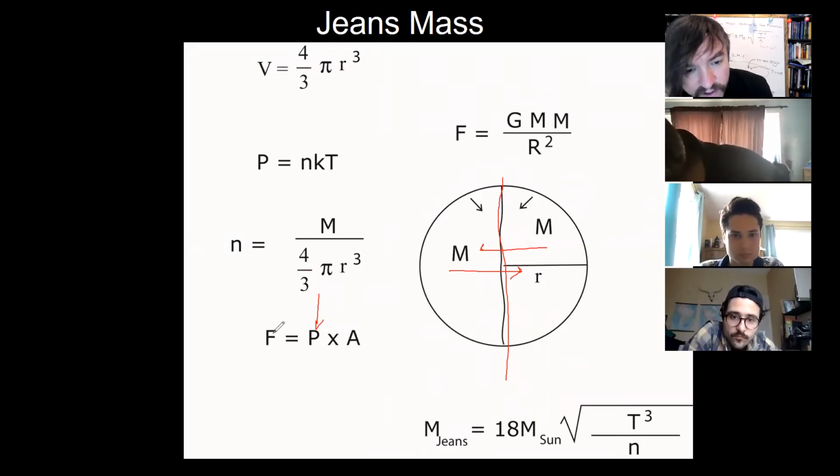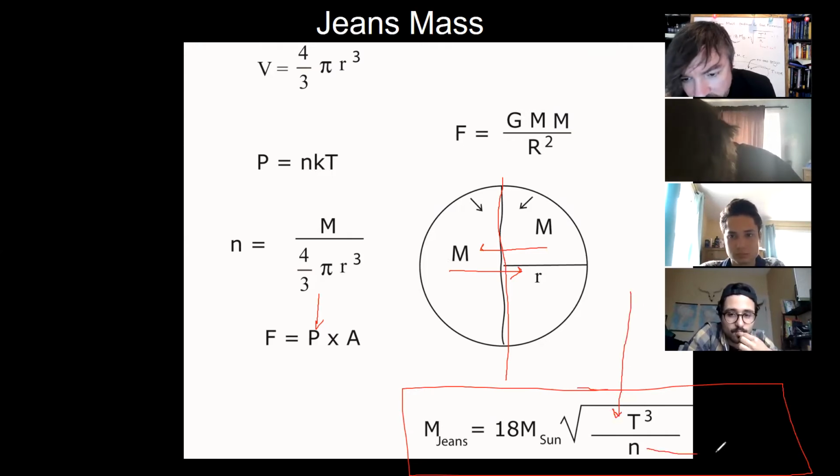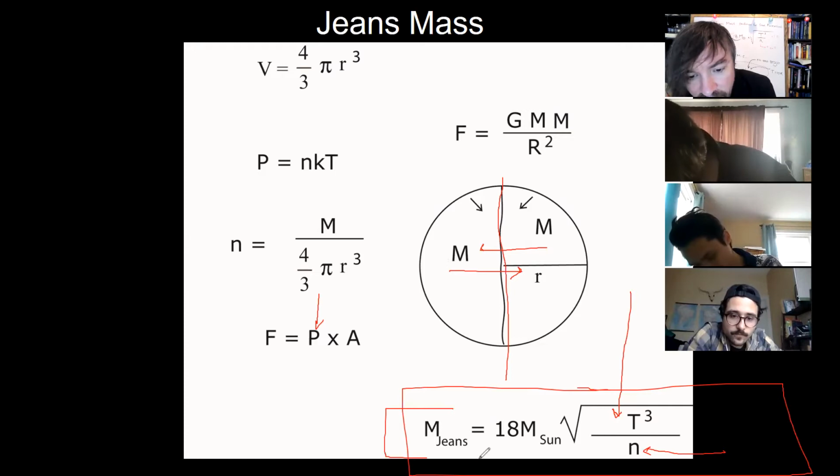He equated the force of pressure to the force of gravity, rearranged the variables, and solved. The idea was you could measure the temperature of the cloud, and using spectroscopy, you could measure the density of the particles. Then if you plugged them in, he could tell you how massive a star you would form.